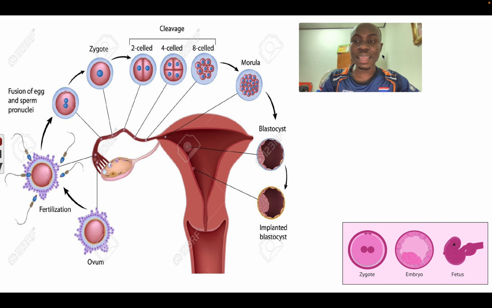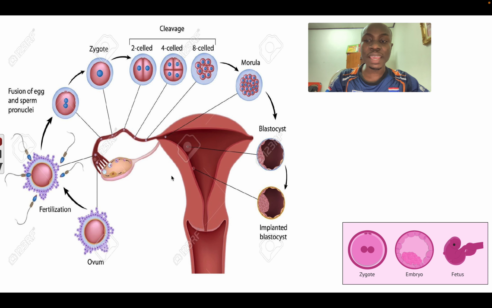So let's look at what happens when the egg is released from the ovary into the fallopian tube. Sometimes when the egg is released, it's going to meet with a sperm, like in this picture, and they're going to join together and form one cell we call the zygote.